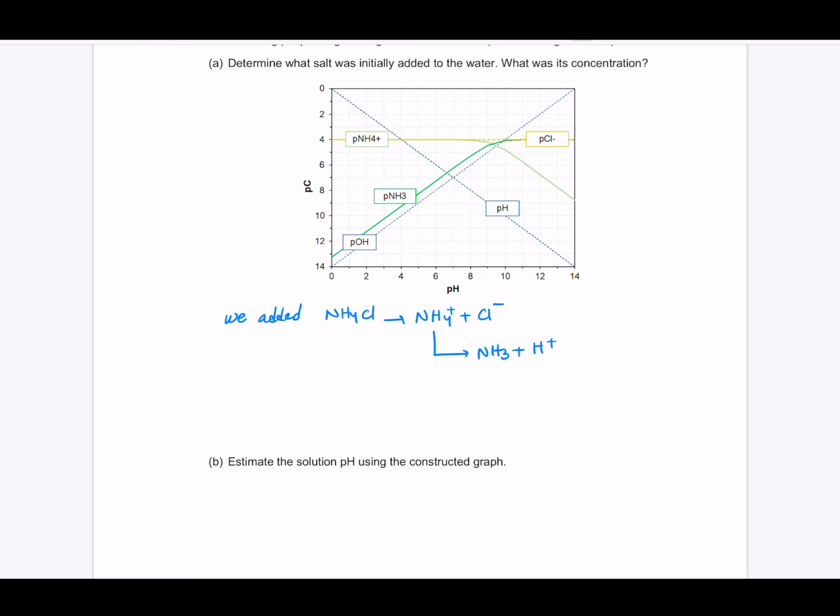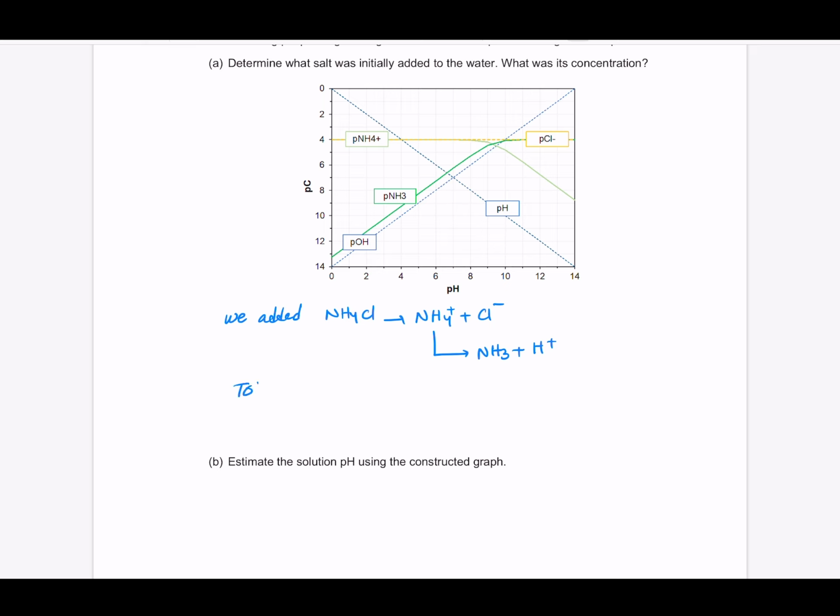And now the second part of the question is asking, what is the concentration? What was the total concentration of ammonium chloride? When we look at the graph, we see that the Cl is not a part of any reaction. So the concentration must stay the same, and that should be the total concentration.